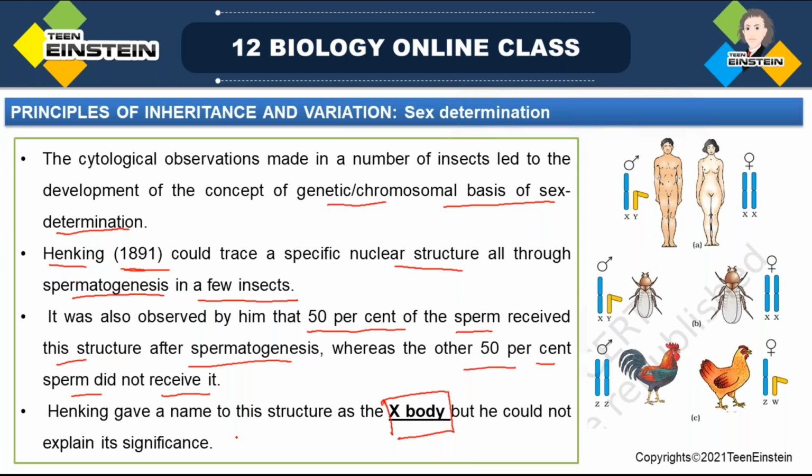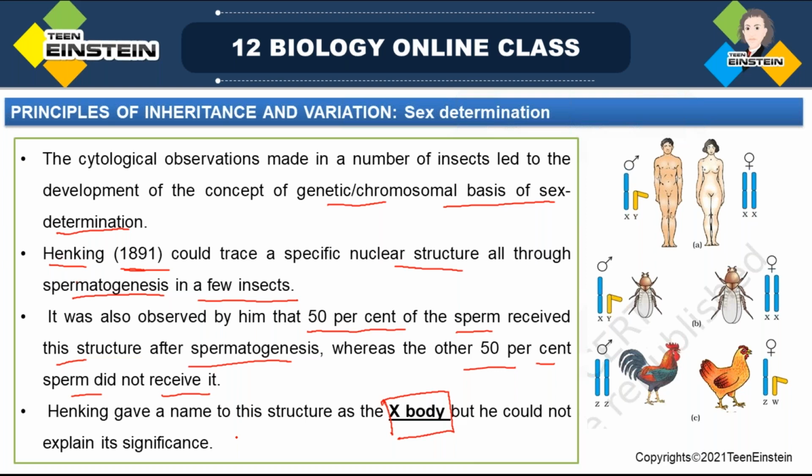The cytological observations made by these scientists in a number of insects led to the development of the concept of the genetic or chromosomal basis of sex determination.